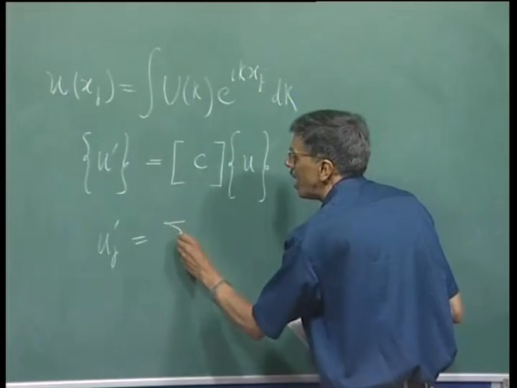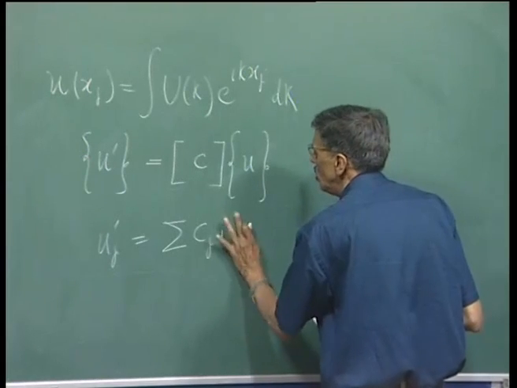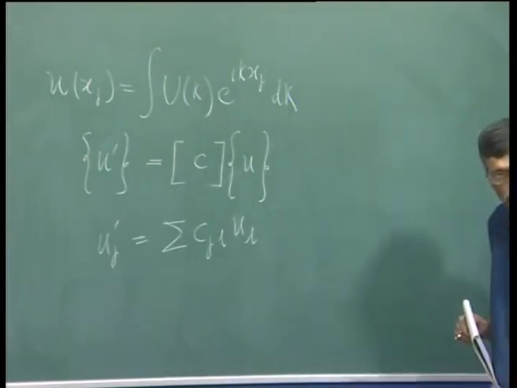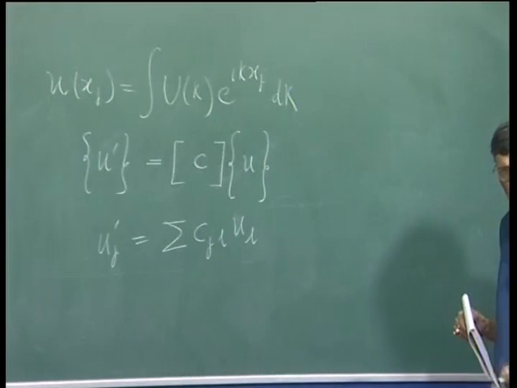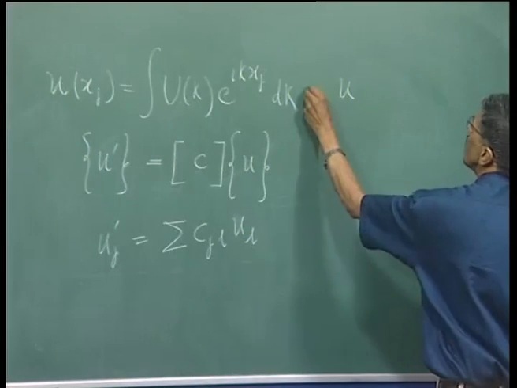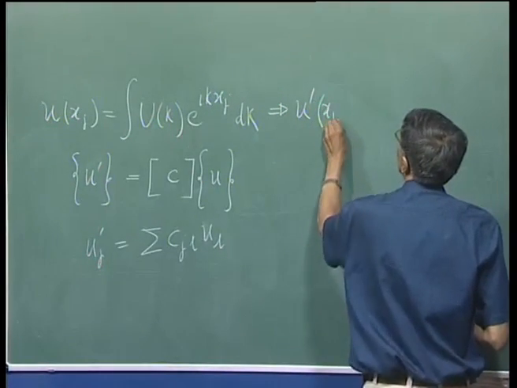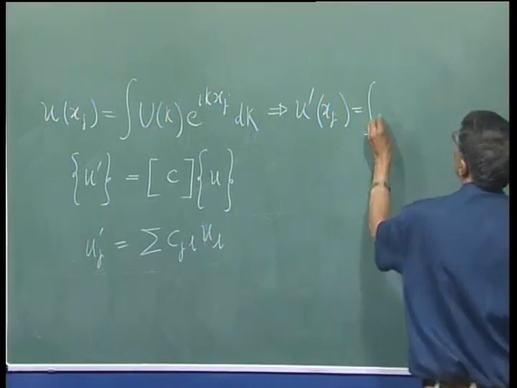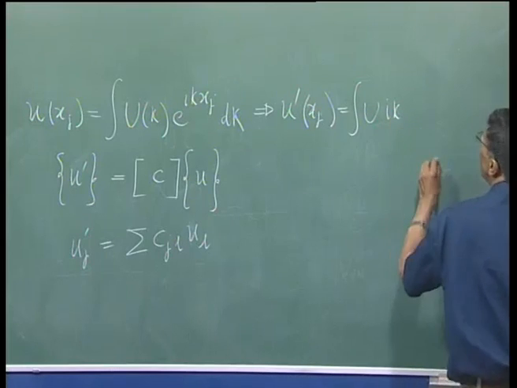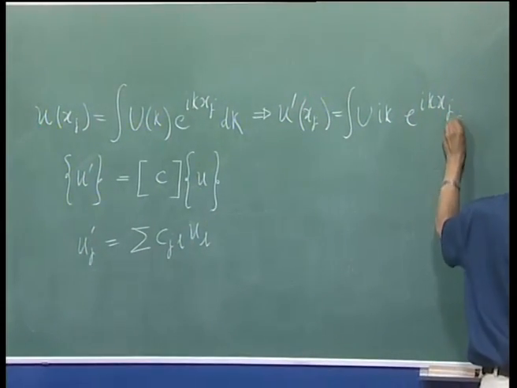So, that is what we are going to get, C j L into u evaluated at the lth node. But usually what you really want to do when it comes to a derivative evaluation, from here I get u prime of x j will be nothing but equal to u of k times I k and e to the power I k x j d k.